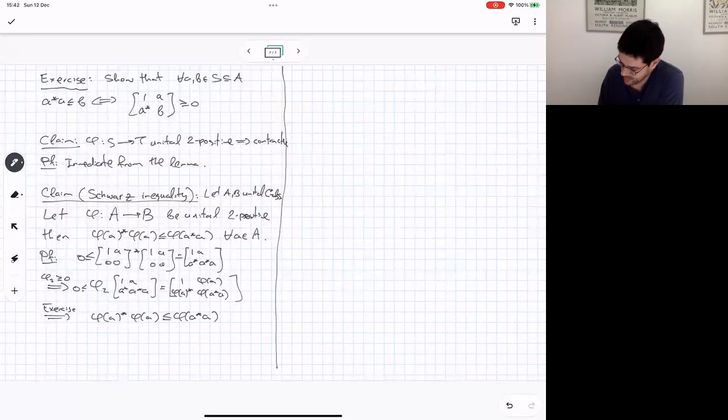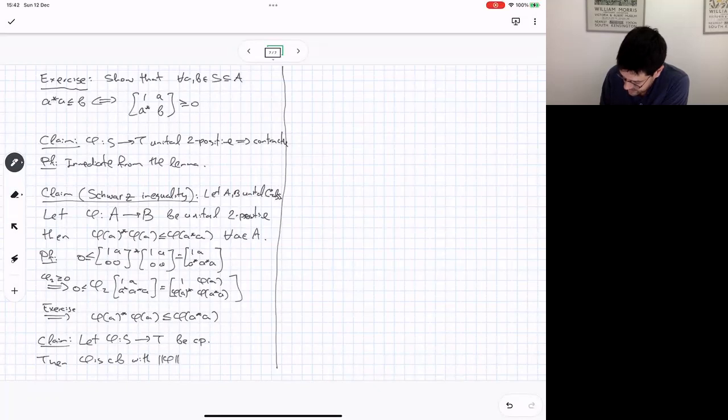Another claim, maybe I should have done this claim before the last one. Let phi from S to T be completely positive, then phi is completely bounded, with the completely bounded norm of phi equal to the norm of phi, which is equal to the norm of phi of 1.